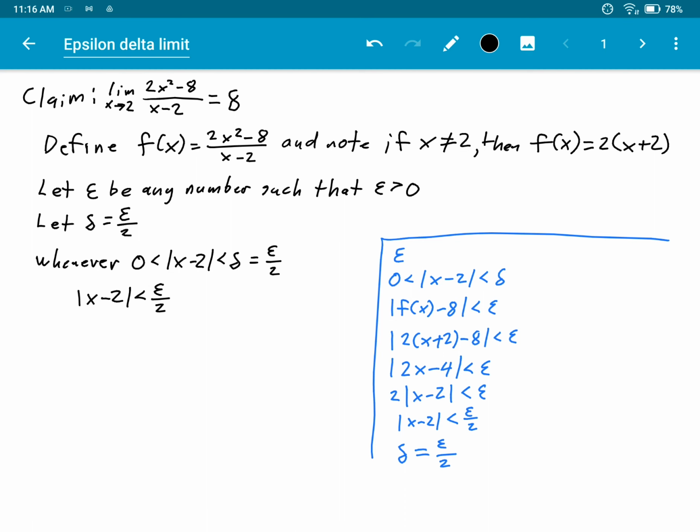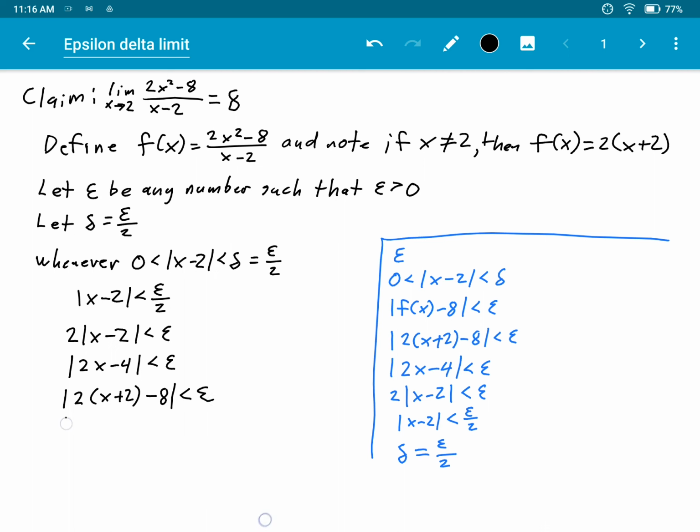Now I multiply both sides of that by 2, and I get then 2 times the absolute value of x minus 2 is less than epsilon. Multiply the 2 through, and I get that the absolute value of 2x minus 4 is less than epsilon. And now I can rewrite that as the absolute value of 2 times x plus 2 minus 8 is less than epsilon. But 2 times x plus 2, that's just f of x.